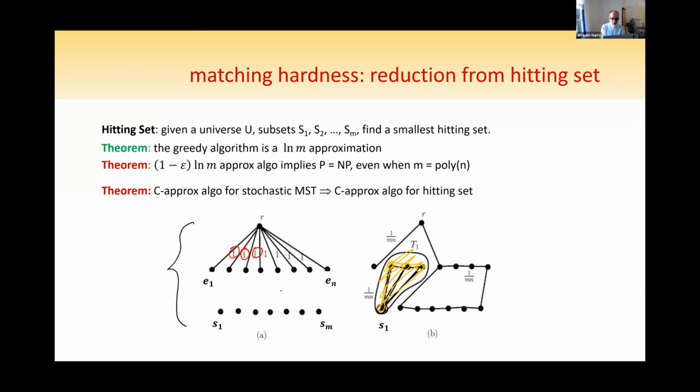All the other edges are not present, so they cost infinity, let's say. On day two, all edges are either cost 0 or infinity. These edges have cost essentially 0. 1 over mn is like 0. So these edges have cost 0. And these edges have cost 0. And all other edges have cost infinity.